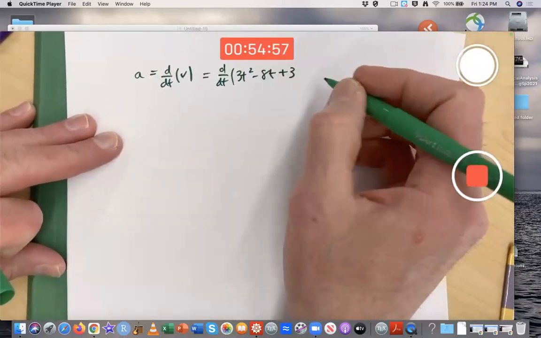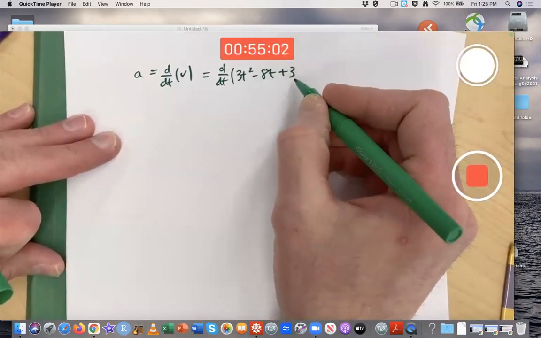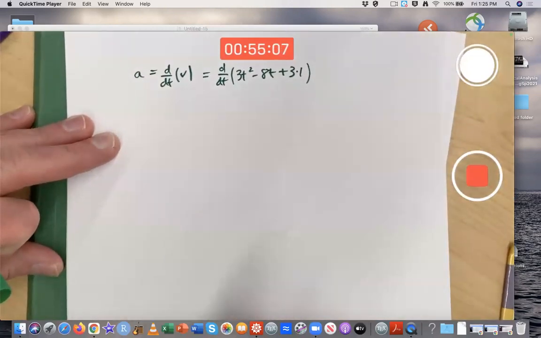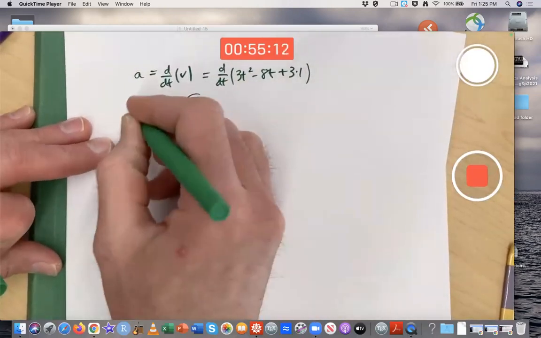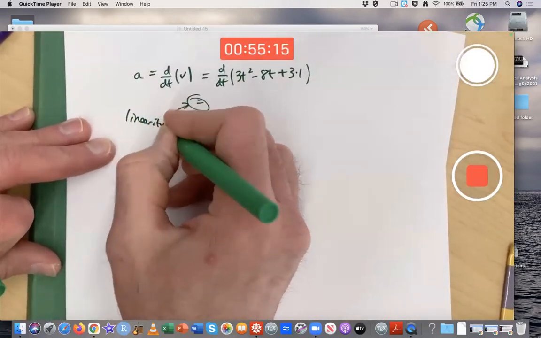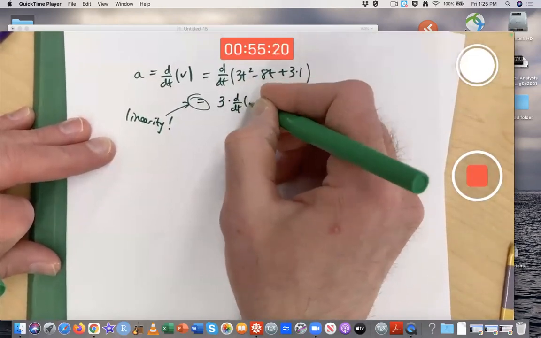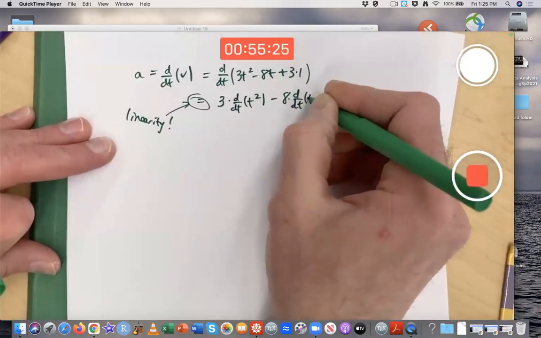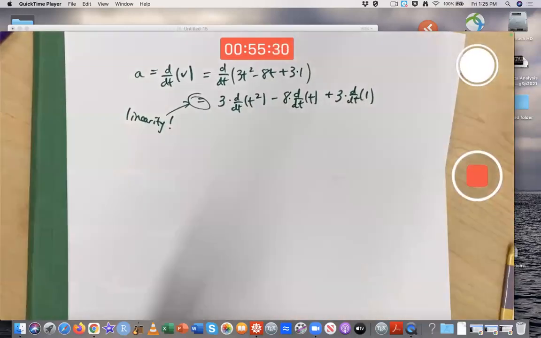Hey, that's a linear combination. 3 times t squared minus 8 times t plus 3 times t to the 0, or 1 if you like. That's a linear combination. By linearity, there's our linearity again. That's 3 times the derivative of t squared minus 8 times the derivative of t plus 3 times the derivative of 1. This is a bit overkill here, but it's still worth emphasizing.